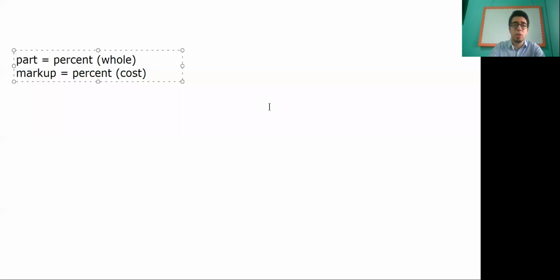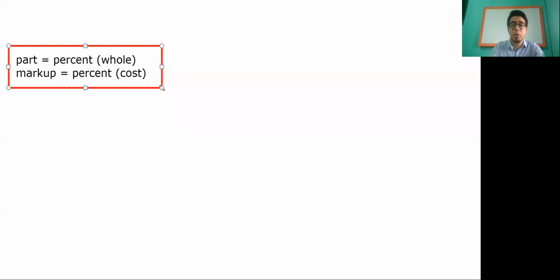Okay, so then I need to replace the values, but I'm going to use this so you can remember the formula. You need to remember this because you are going to use it.